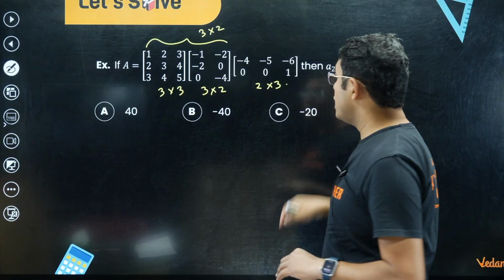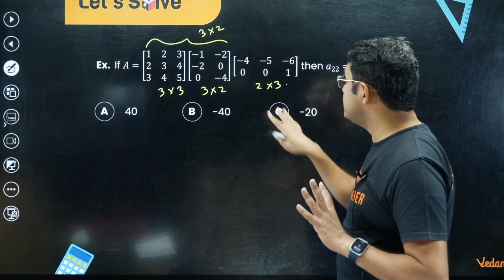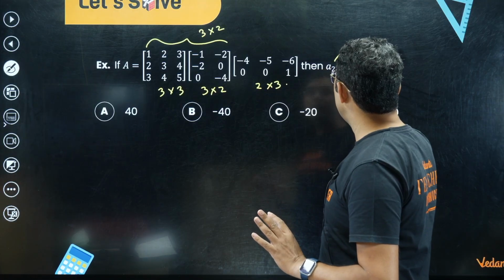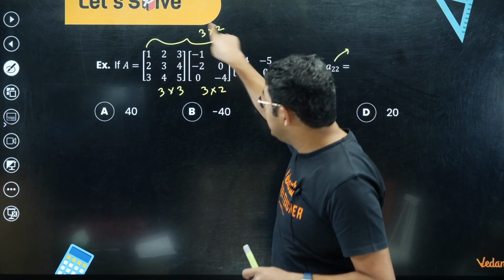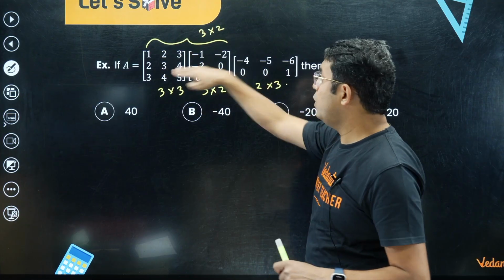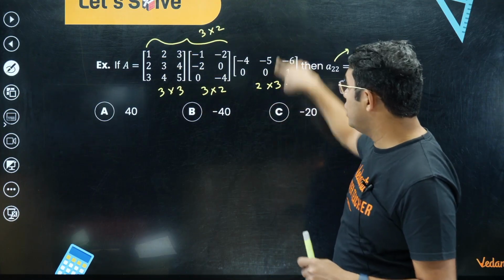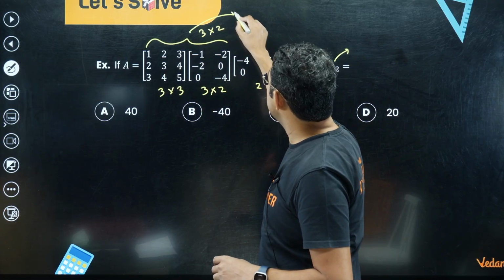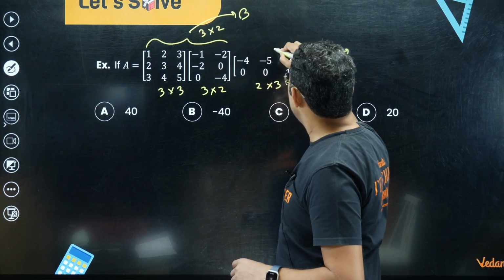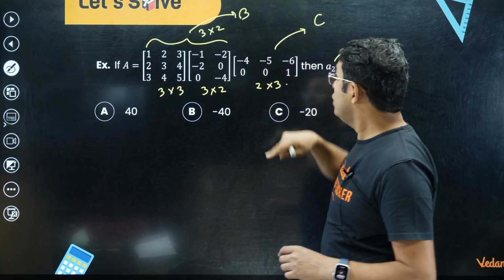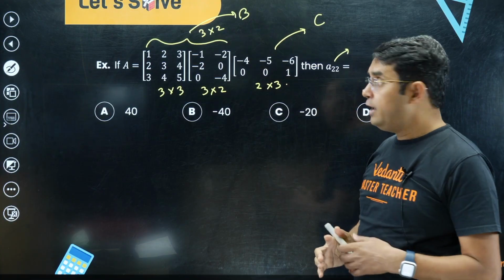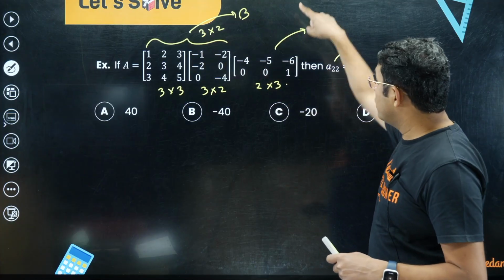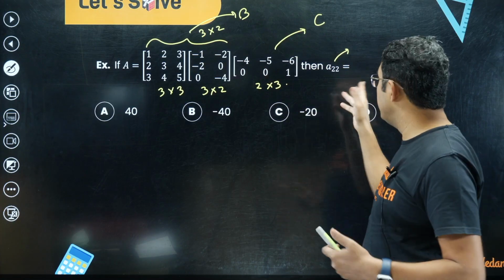We are looking for only the 22 element. That means the final 22 element is what I need, and the 22 element will be found if the second row of this product and the second column of this are multiplied. If you call this product B, and you call this C, then the 22 element of B into C will be found by taking the second row of B and the second column of C. So that will give you A22.